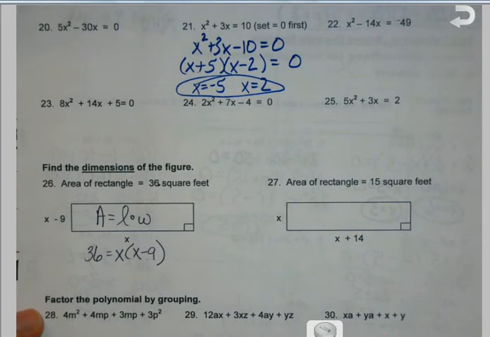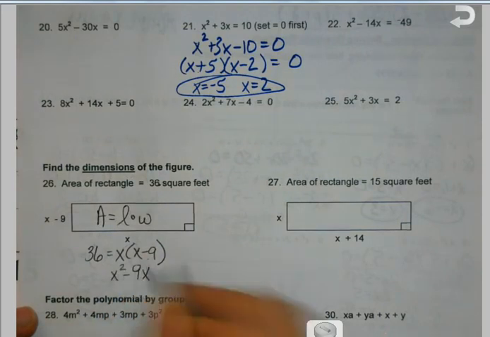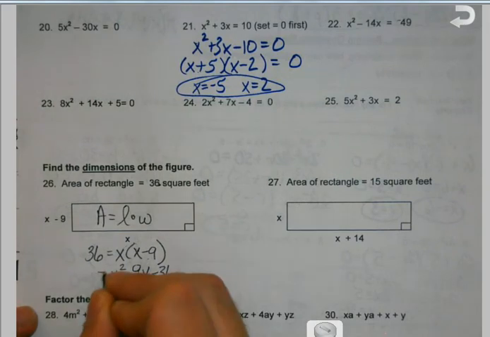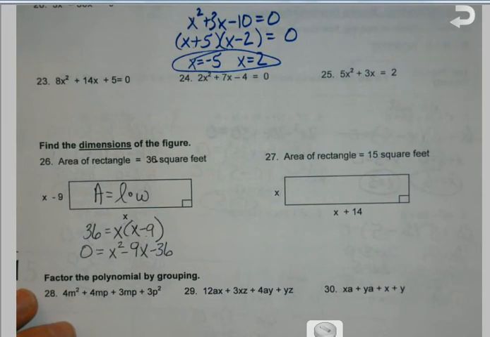So here, I want to get to the equals 0 part. So I'm going to distribute here on the left. And I'm also going to move the 36 over to this side because I'm going to do some factoring. So distribute it through, bring the 36 over so we have equals 0.